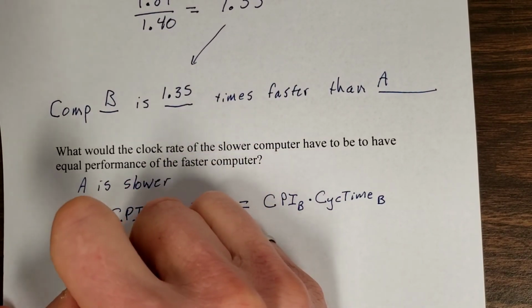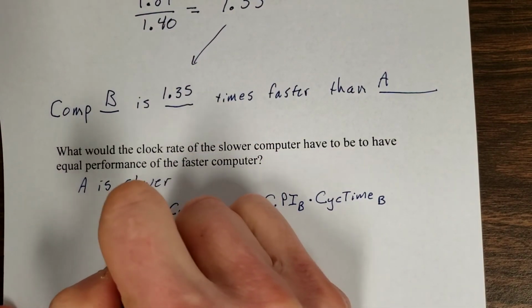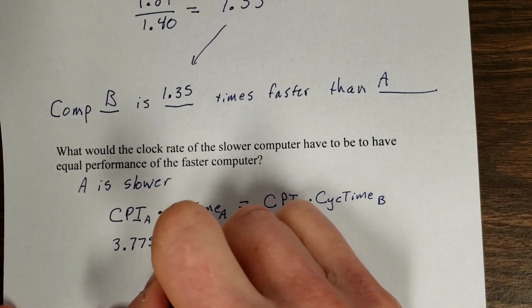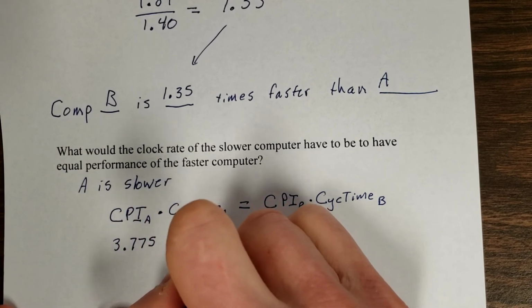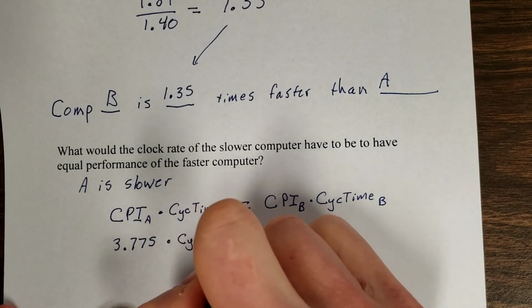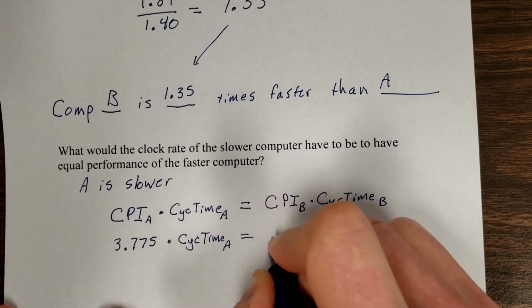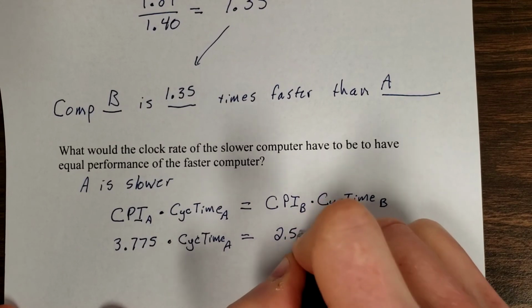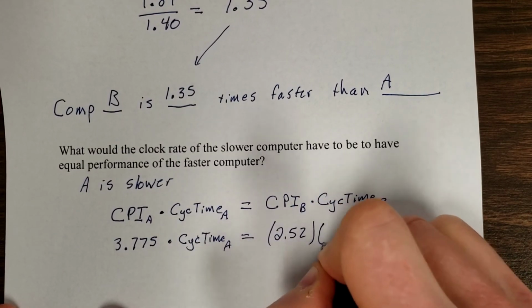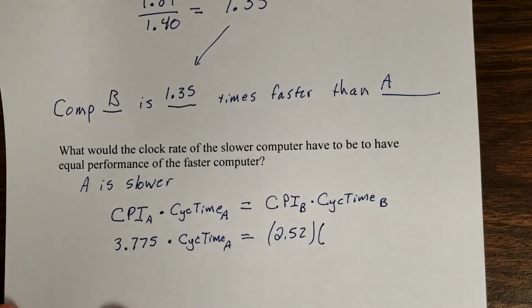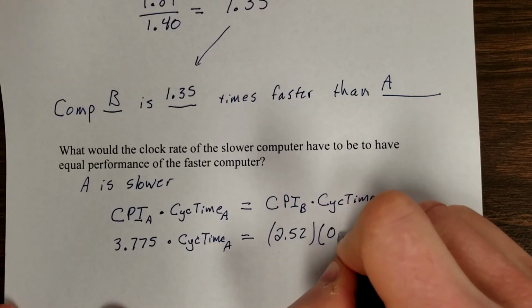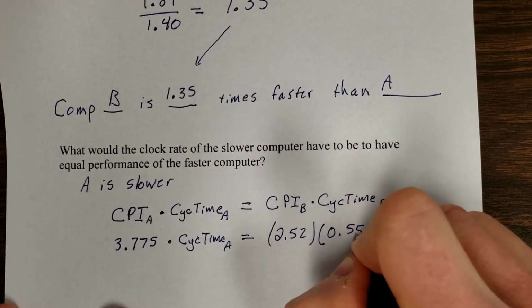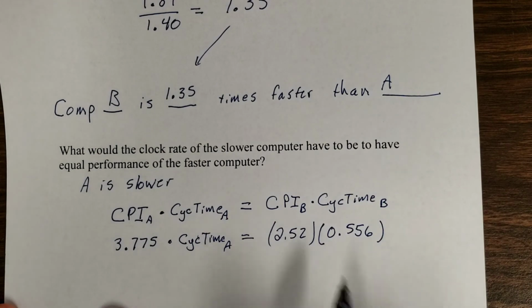So for that, we can plug this in. We've got 3.775 times the cycle time of A is equal to 2.52 times the cycle time of B. Remember, the cycle time of B was 0.556. I'm leaving the units out of here.